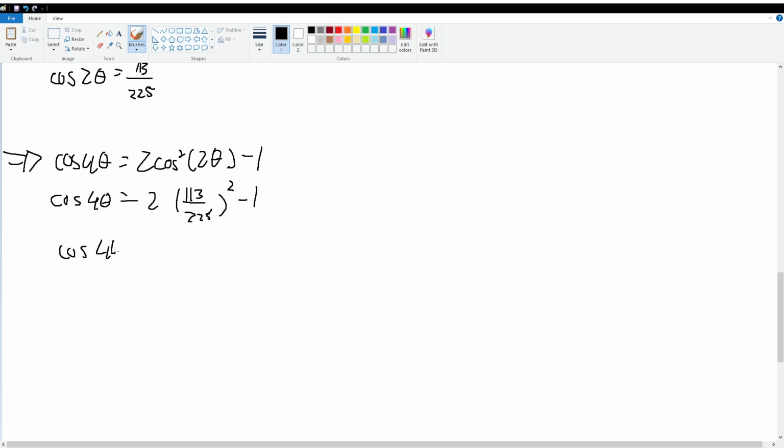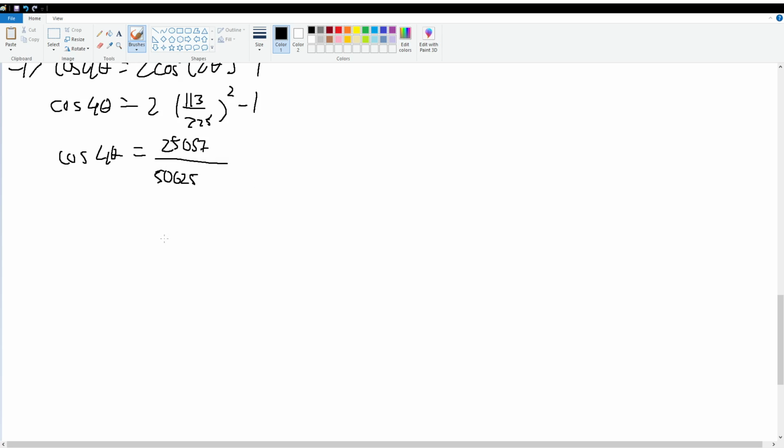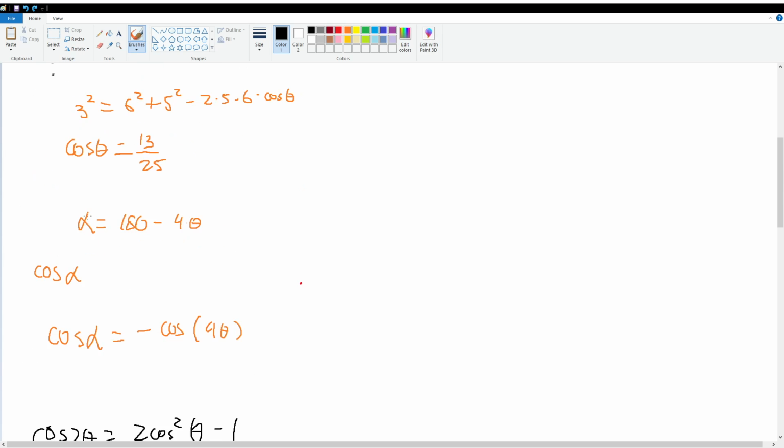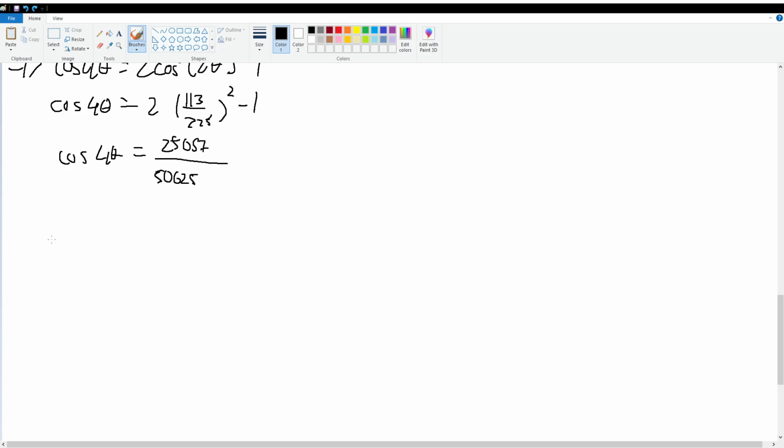Cosine of 4 theta would equal 25087 over 50625. So now that we have cosine of 4 theta, we can actually just solve for cosine of alpha, because we know that cosine of alpha would equal negative cosine of 4 theta. Or sorry, this actually should be a negative right here.